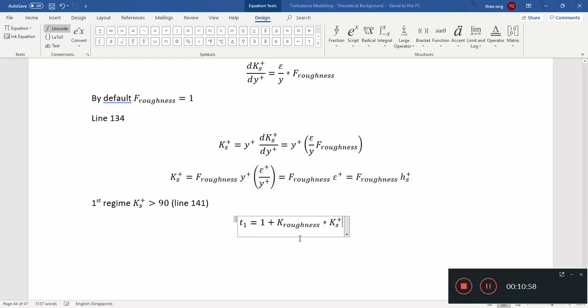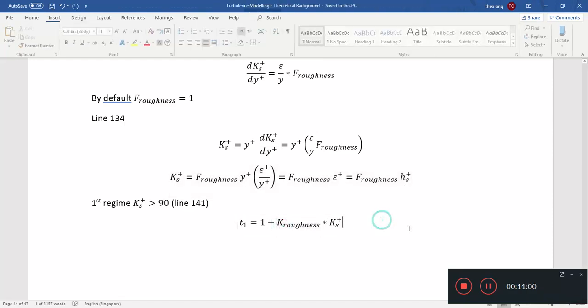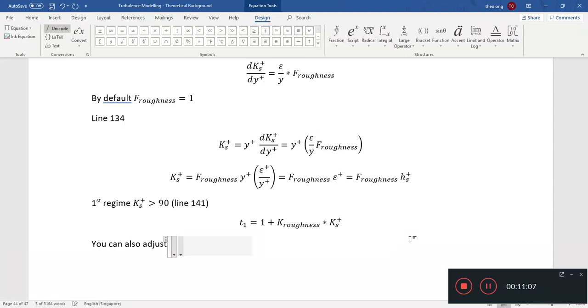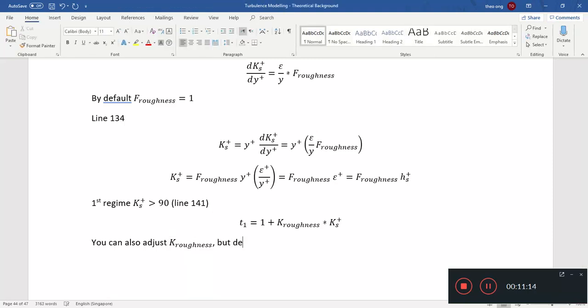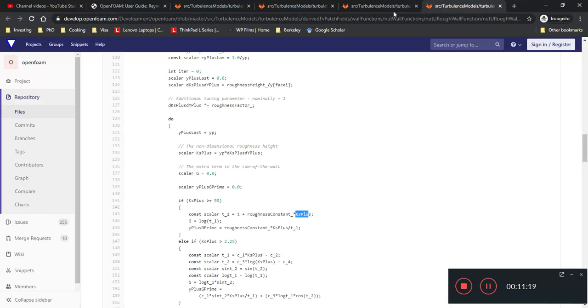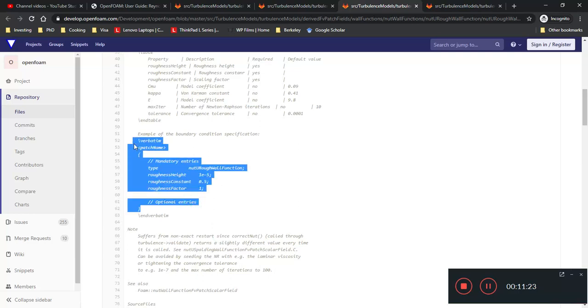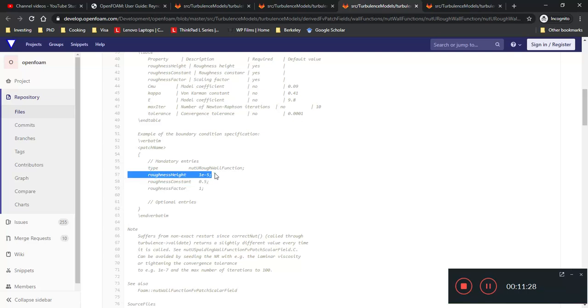All right. What is the value of this roughness constant? Now this is something you can adjust. You can also adjust k roughness, but the default value is 0.5. If you take a look at the entries here, this is the boundary condition specification. We have roughness height, which you have to specify in meters.